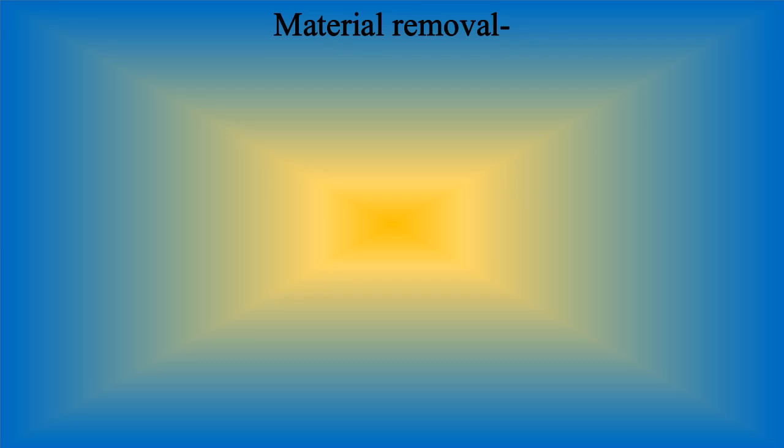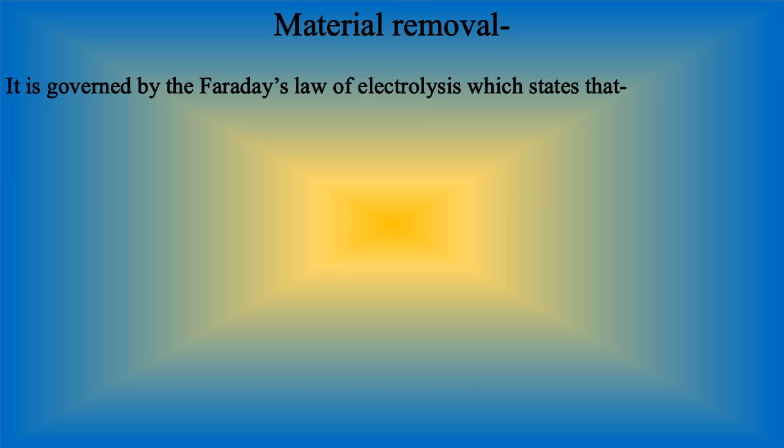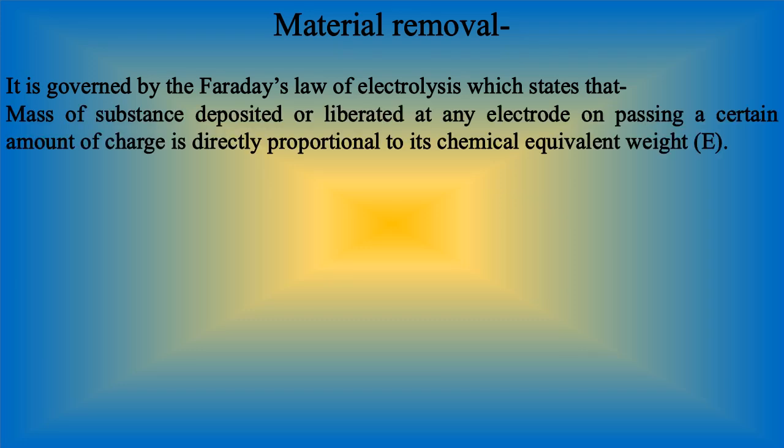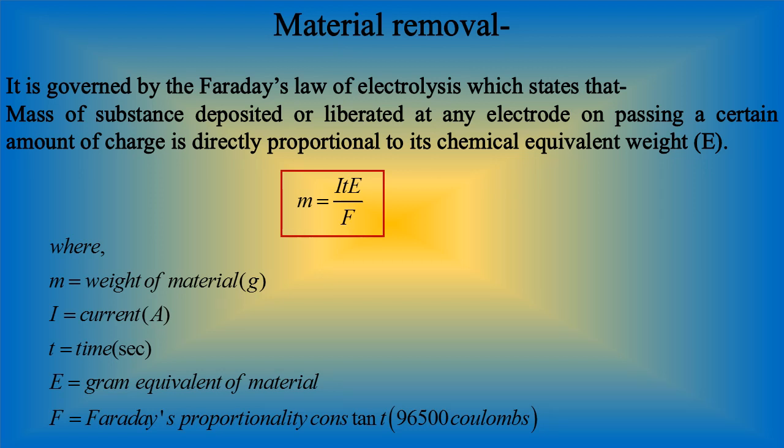Now let us see what are the laws governing this material removal. It is governed by Faraday's laws of electrolysis, which state that the mass of the substance deposited or liberated at any electrode on passing a certain amount of charge is directly proportional to its chemical equivalent weight, that is E. So this is an equation where M is the weight of the material in grams, I is the current in amperes, T is the time duration of the current in seconds, E is the gram equivalent of the material, and F is Faraday's proportionality constant, that is 96,500 coulombs.